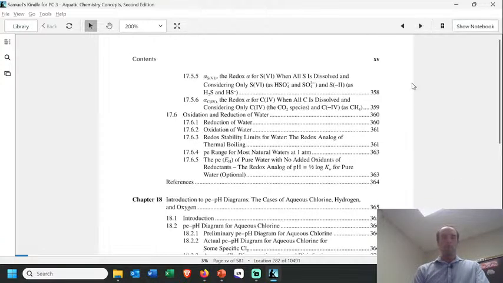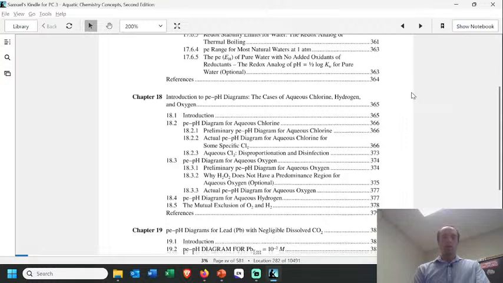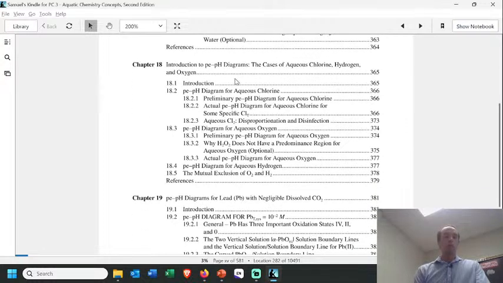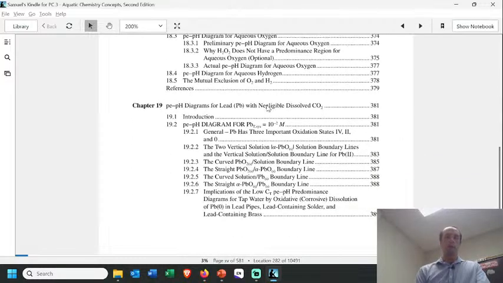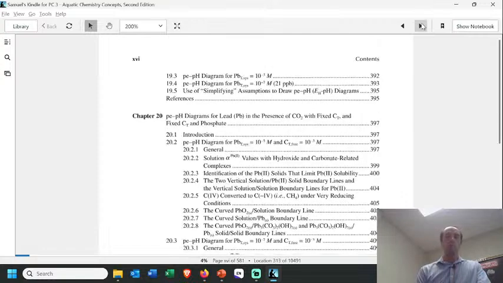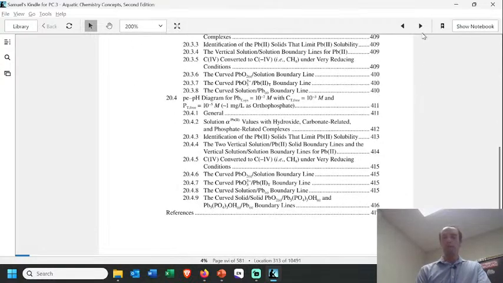Along the way, I'll try to give you some exposure to the pE-pH diagrams and pH versus species concentration, but I'm not sure if we'll fully cover any one of these chapters here.